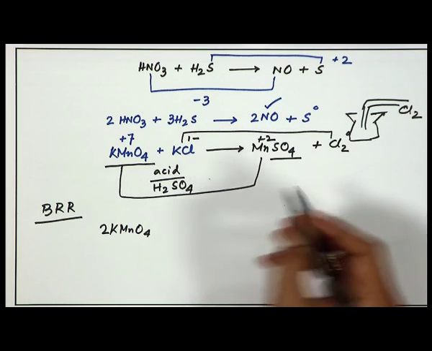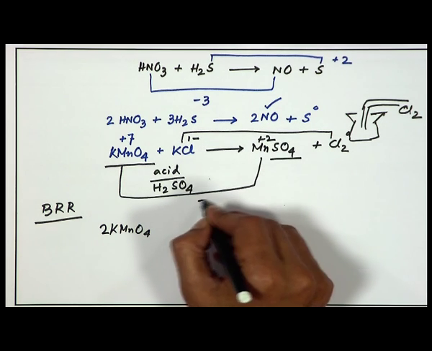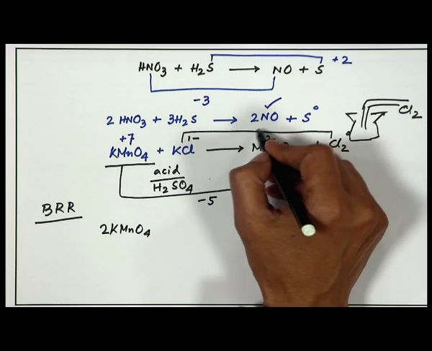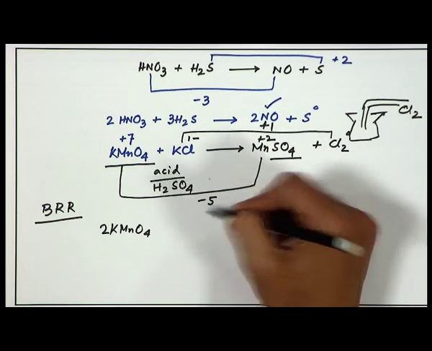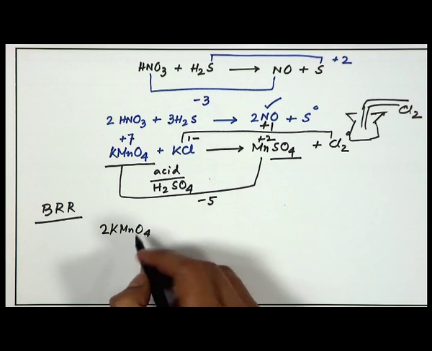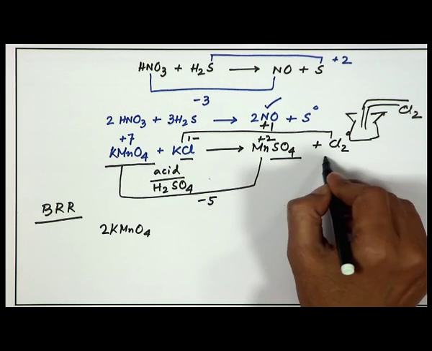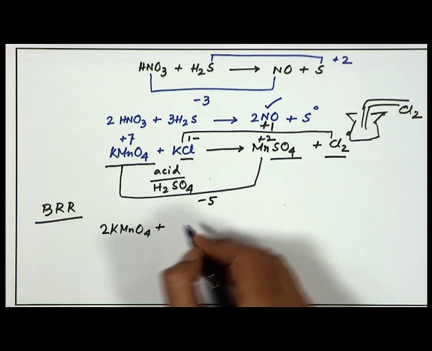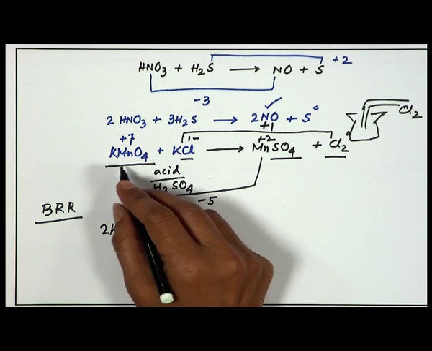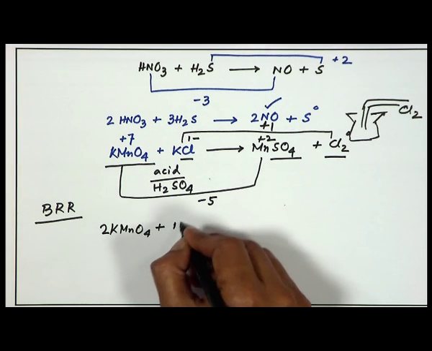So, this is plus 2, and the change is minus 5, and here the change is plus 1. So, the reaction stoichiometry will be 1:5, and since Cl2 is doubled for the chlorine gas elimination, it will be doubled again.